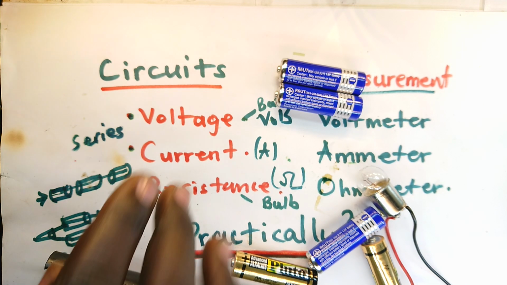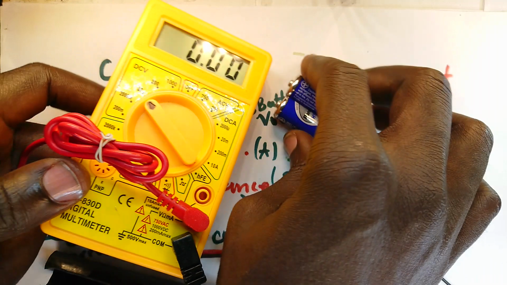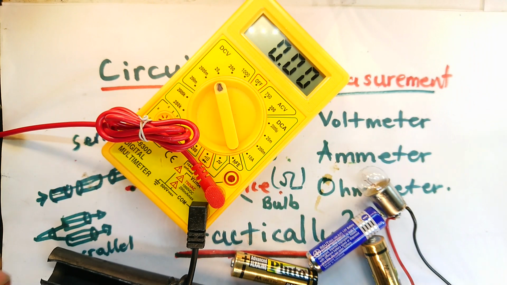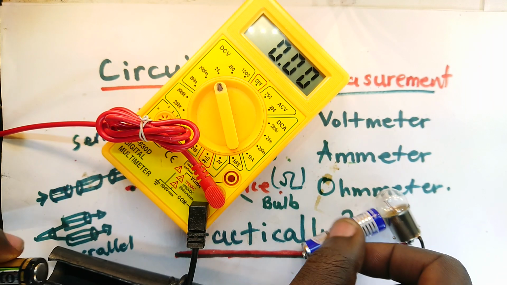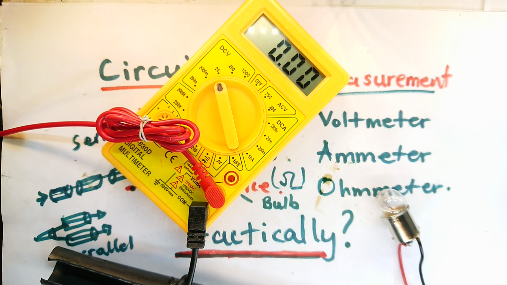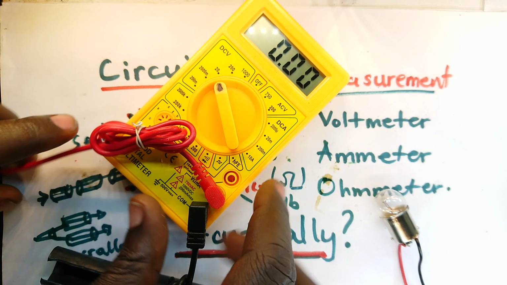But before that, let me show you how to measure ohms. That's the resistance, because that one is a little easier to demonstrate than measuring current.